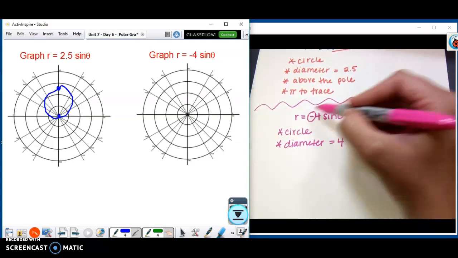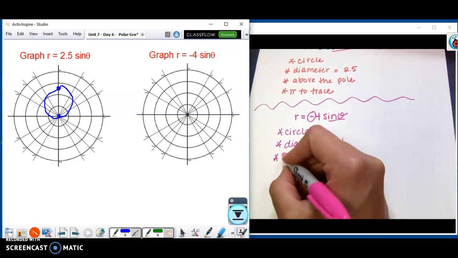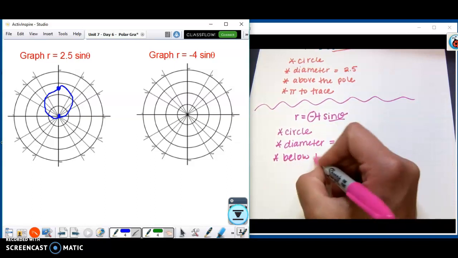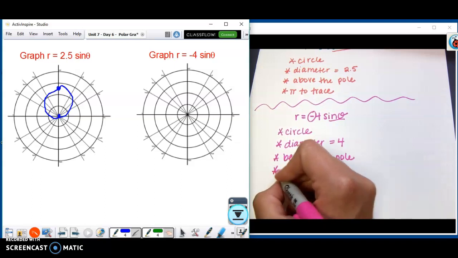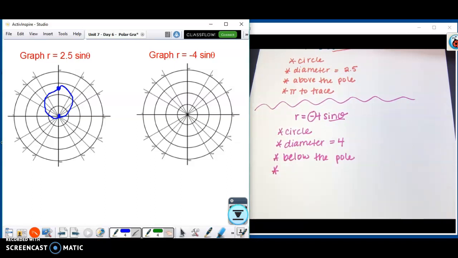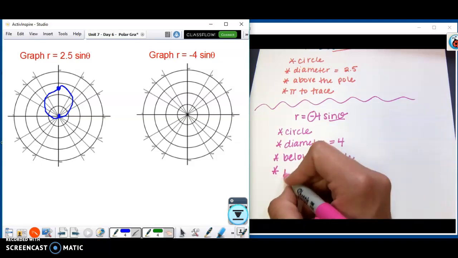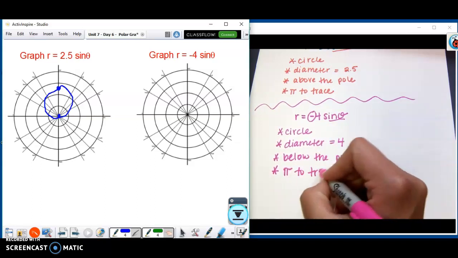Because we have a negative and we have sine, it's going to be below the pole. Then, because it's going to be below the pole, we're only going to be taking up 2 quadrants. So, it's going to only take pi to trace.